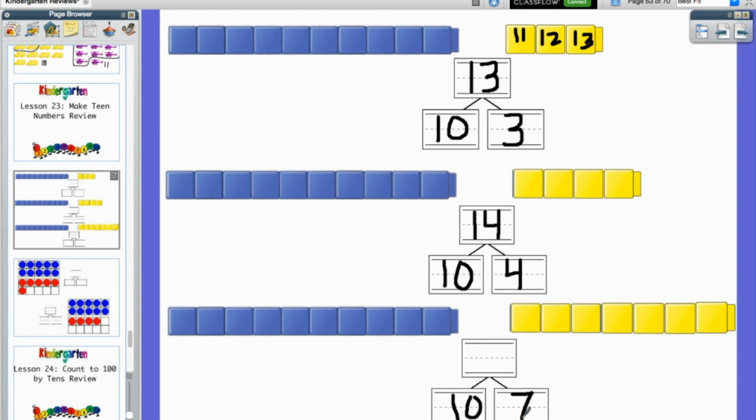So if I have a group of 10 and then 7 ones and I put them together, what teen number is 10 and 7? Everybody say it. 17. Everybody say it again. One more time. 17. So we have 17. 10 and 7 more makes 17.